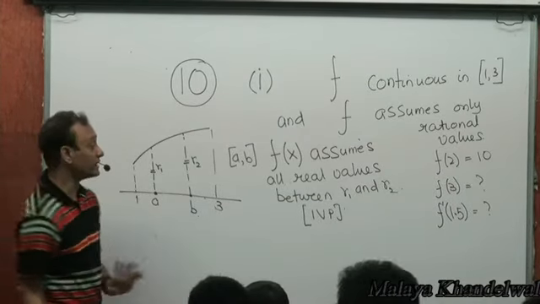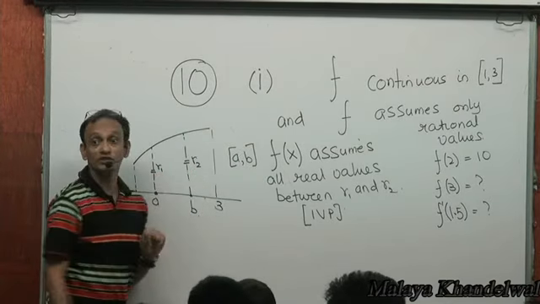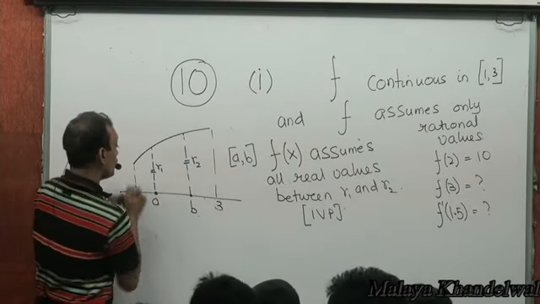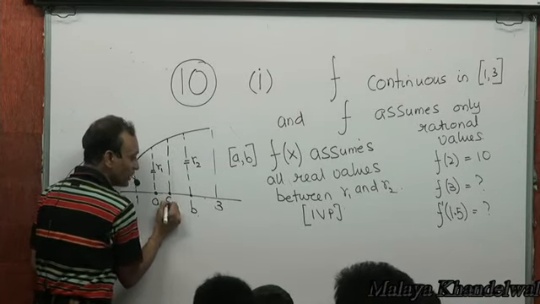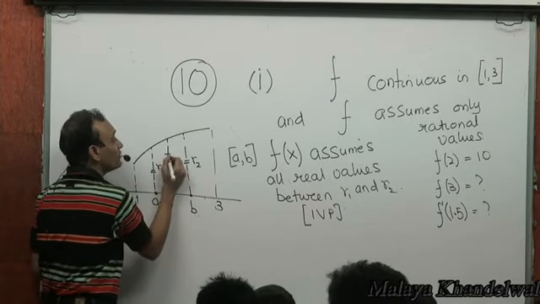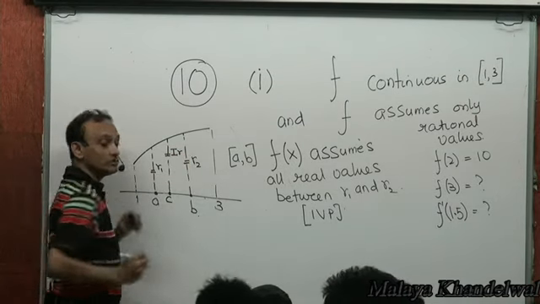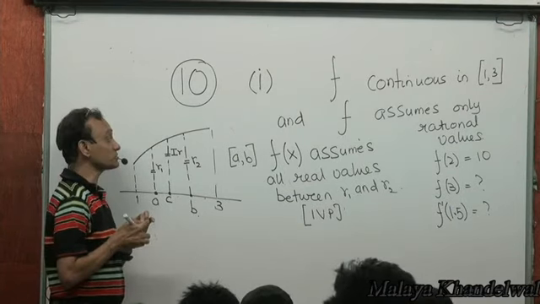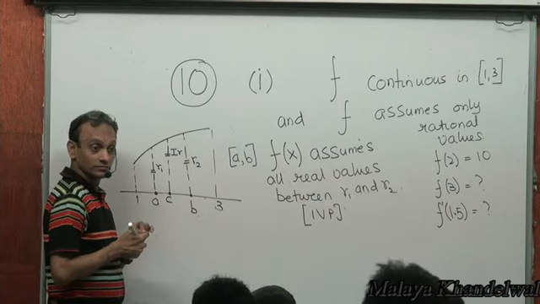If it's continuous, right? But between two rational numbers, you can always find an irrational one. Yes or no? So, there would be a value of x, call it c, in the interval a to b, for which the function would be irrational. That means there is a contradiction.